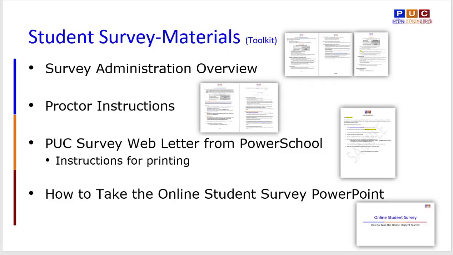There is also a PowerPoint presentation on how to take the online student survey. This presentation can be used both for explaining to your teachers and your proctors what the student experience for the survey administration will be like, and proctors can use it to show the students how they will be accessing their online surveys. A link with digital copies of these materials will also be sent out via email.